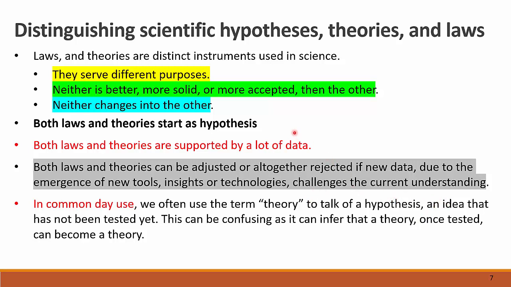A hypothesis becomes a theory when it is supported by lots of data and when it is an explanation, which we'll talk about later on. Theory in science is much more solid. It is a hypothesis that turned into a theory by being supported by lots of data.